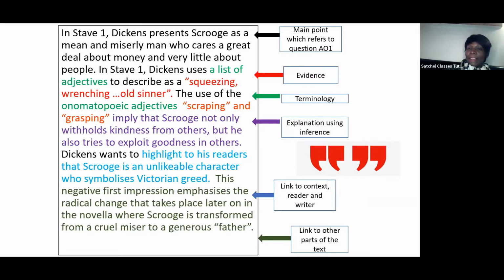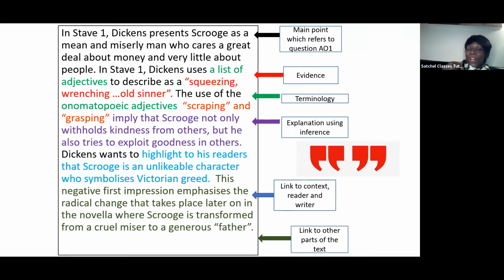I've written, in stave 1, Dickens presents Scrooge as a mean and miserly man who cares a great deal about money and very little about people. So in stave 1, Dickens uses this list of adjectives to describe a squeezing, wrenching old sinner. The use of onomatopoeic adjectives like scraping and grasping imply that he not only withholds kindness from others, but he's trying to exploit the goodness in others.